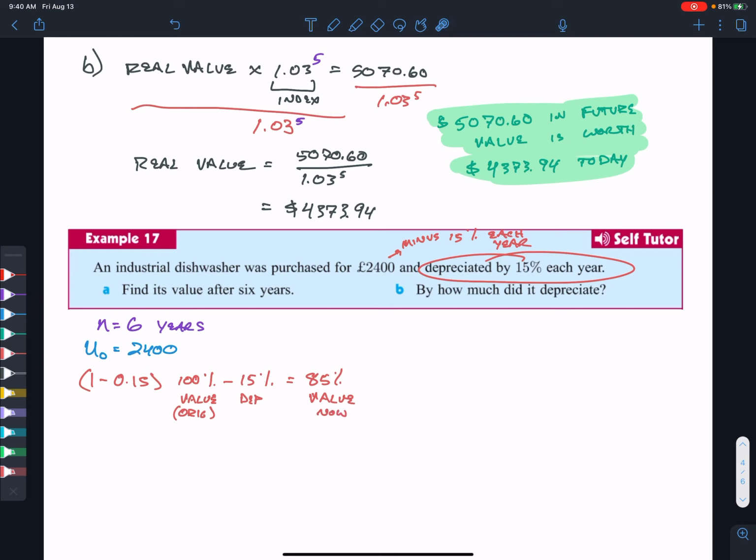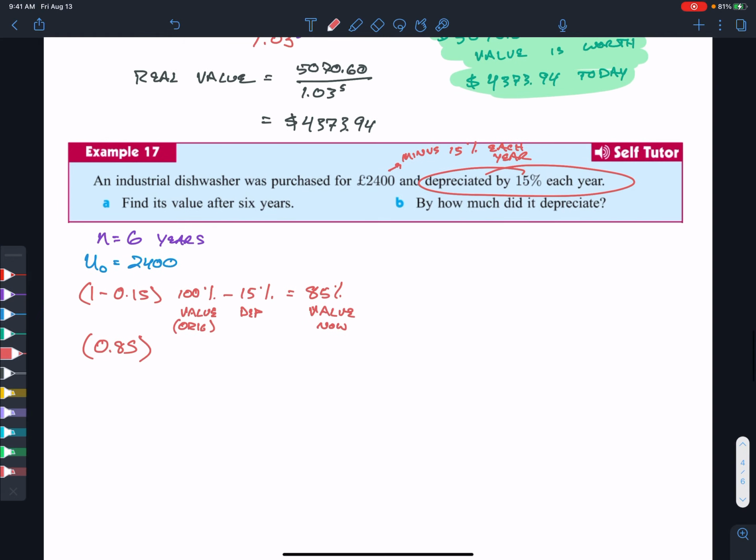So that's why we're subtracting this 0.15. So the value that we're going to multiply this by is not going to be 1.015. It's actually going to be 0.85. That's what we're going to be multiplying this by.